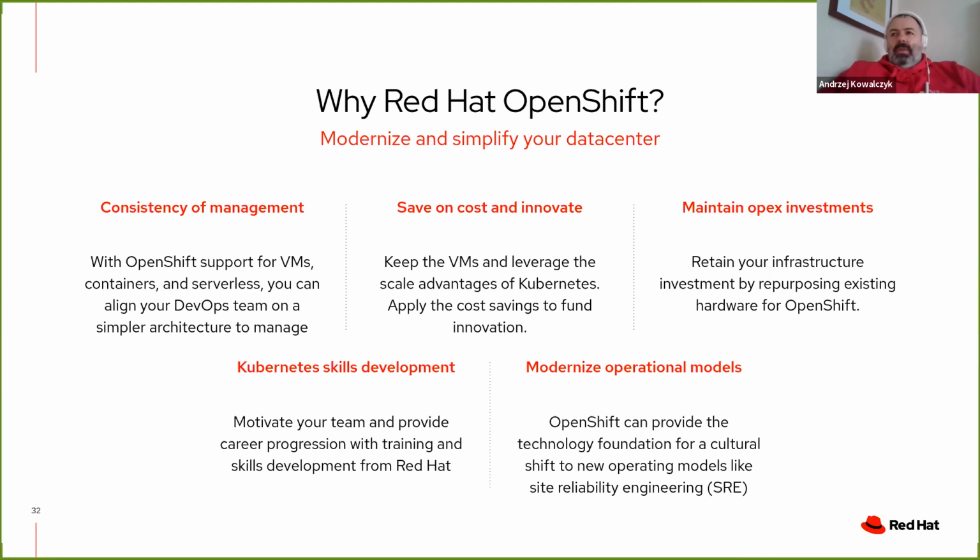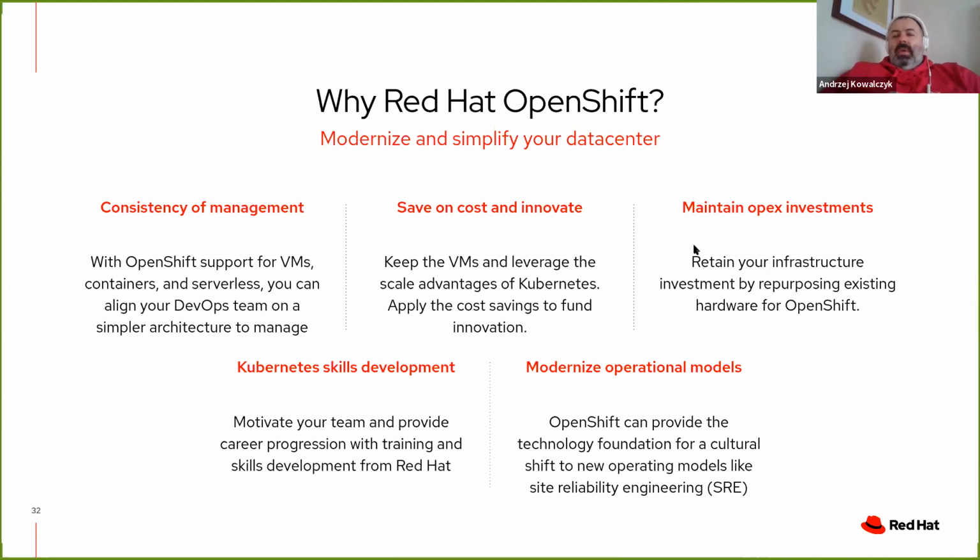Right now on OpenShift, you can run both. For example, for test cases, you can run some applications needed for your test scenario that are not containerized yet, like, for example, written in the traditional .NET framework and running on Windows Server. You can easily provision such a VM on Kubernetes, connect it to your project or run it inside your project. So consistency and consistent management, a consistent platform.